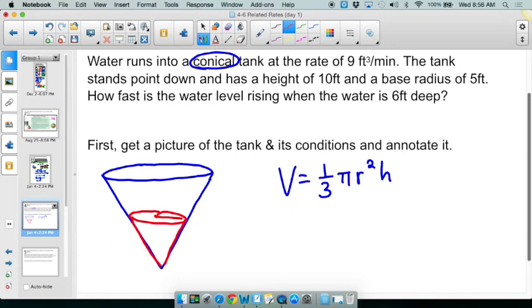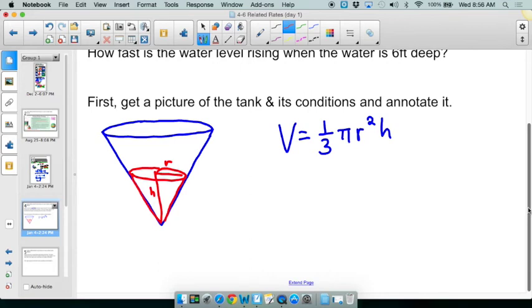So here's the water level. We know that, as we're filling it up, this level is changing, right? So if we take a quick snapshot of that, we have a height and we have a radius at a given instant in time.